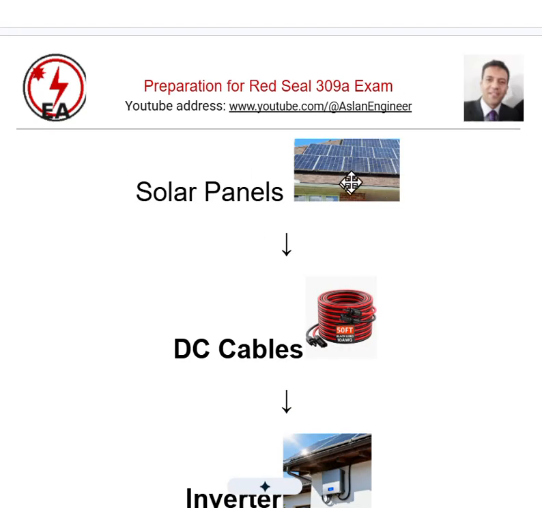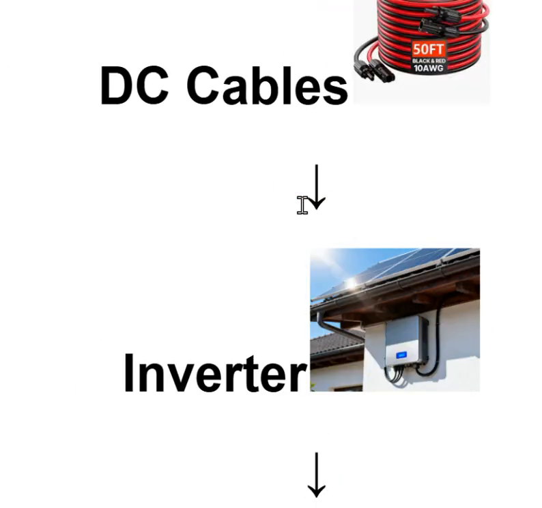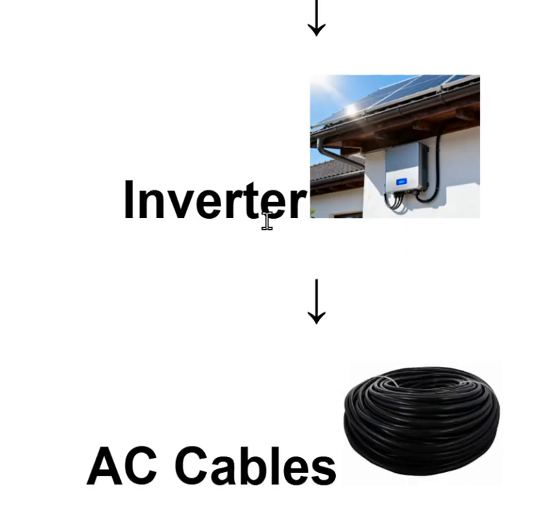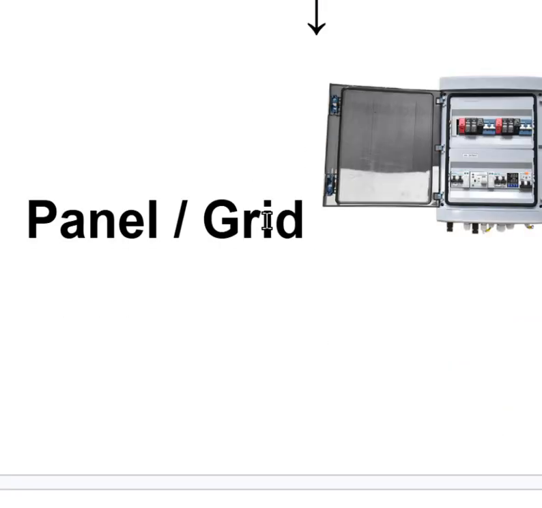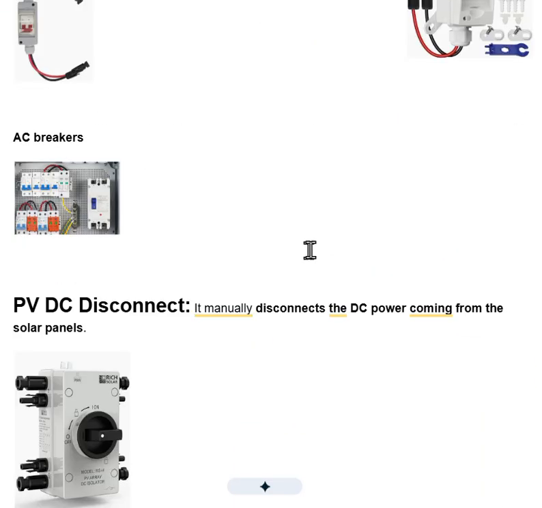Okay, so first of all, we have the solar panel on the top of a roof, and then we have DC cables, and after the DC cables we have the inverter, and then AC cable and the AC panel that gives us the voltage.